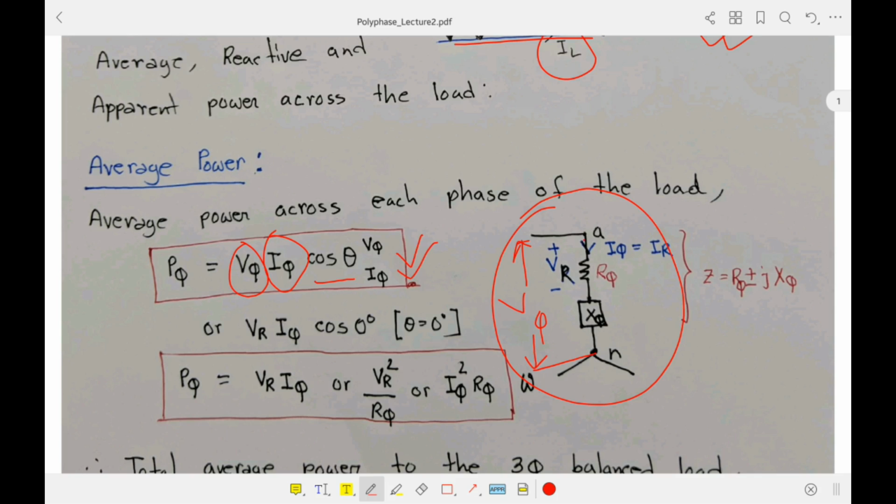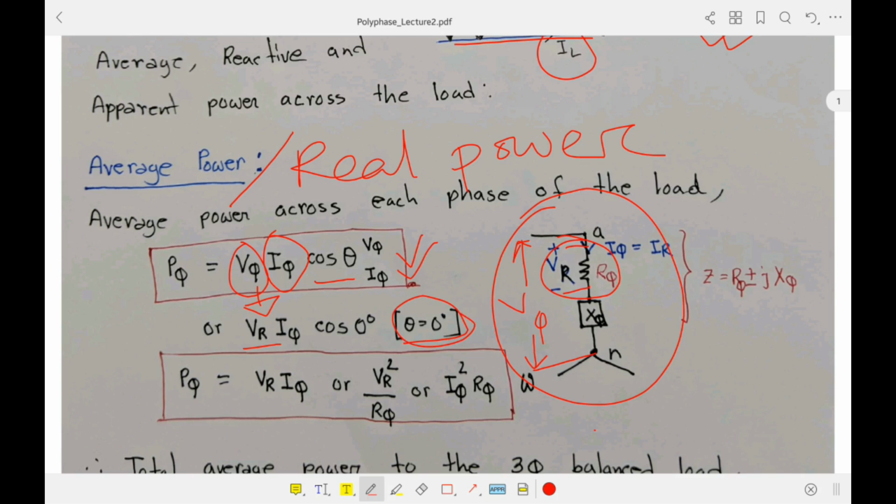Now if you consider this resistance only, since average power and real power are the same, another name of average power is real power, and this real power is basically associated with the resistive components. That's why if you write V phi equal to only VR, that means the voltage across only that resistance, then you can write theta equal to 0 degrees.